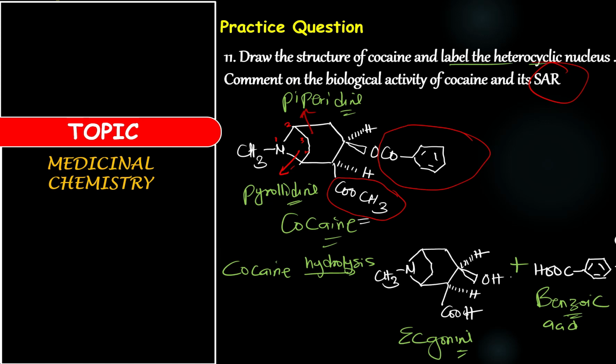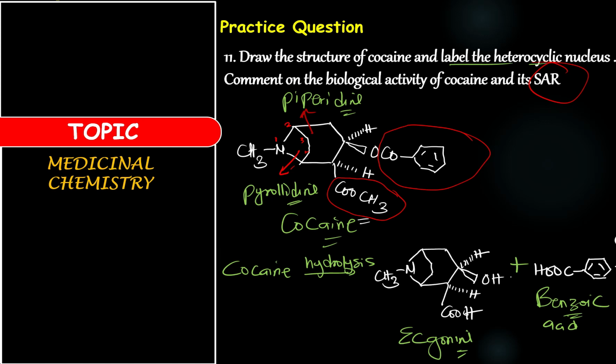When you talk about compulsive drug seeking habit, it means it has an addiction liability, and a full-blown psychosis may even emerge. We'll talk about full-blown psychosis, schizophrenia. Are you getting it now? So that is the structural activity of cocaine.